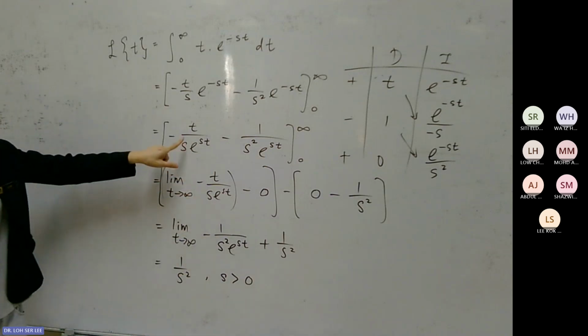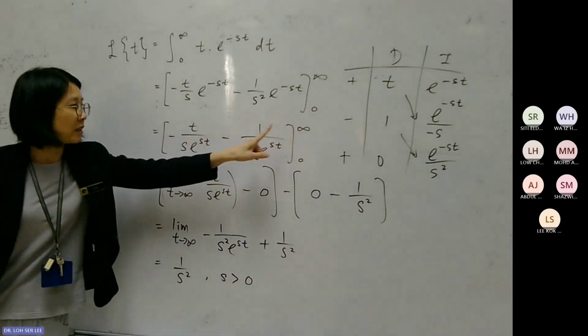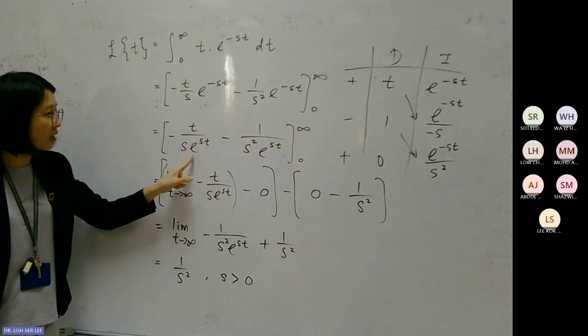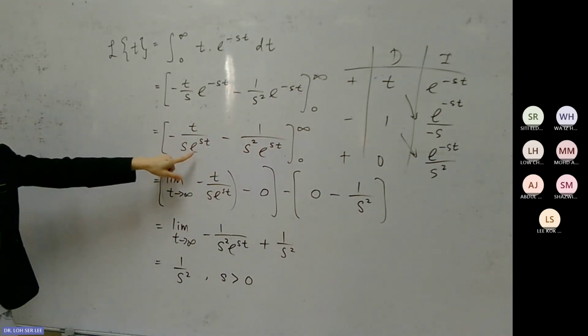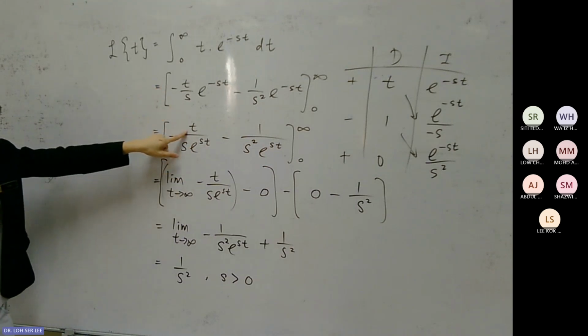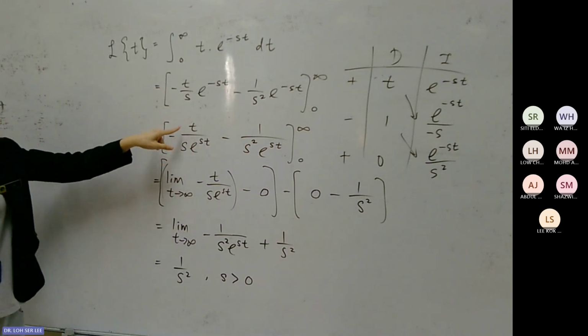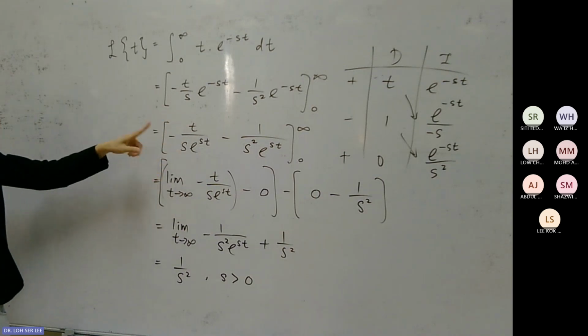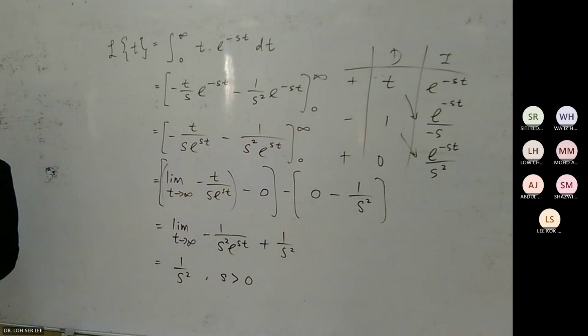When s is positive and you substitute infinity into t, your e stays in the denominator. We have t at the numerator and this one at the denominator, so we get infinity over infinity. After applying L'Hopital's rule, we can get 0.